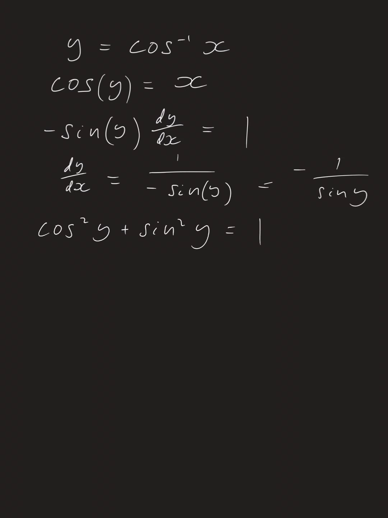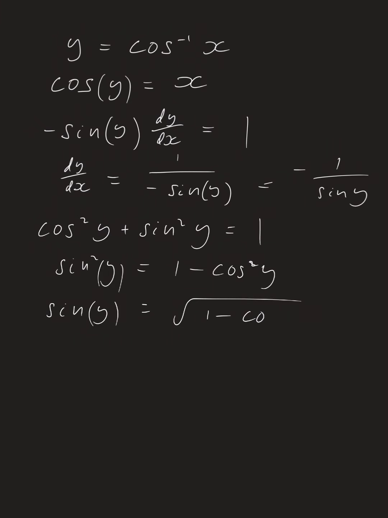And so we're going to just rearrange this to get sine y in terms of cosine y, and hence in terms of x. So this time we'll say sine squared y is equal to 1 minus cosine squared y. Then we will take the square root of both sides, so that we have sine y is equal to the square root of 1 minus cosine squared y. I'll rewrite that now as cosine of y squared.